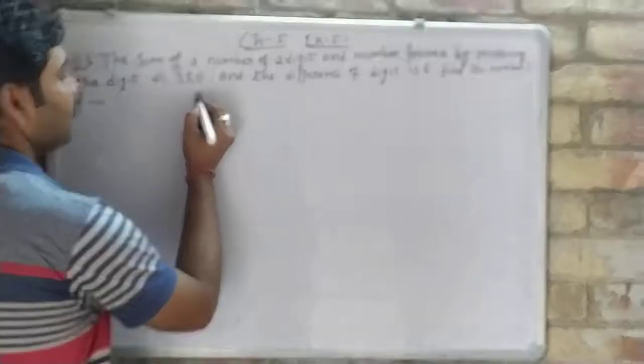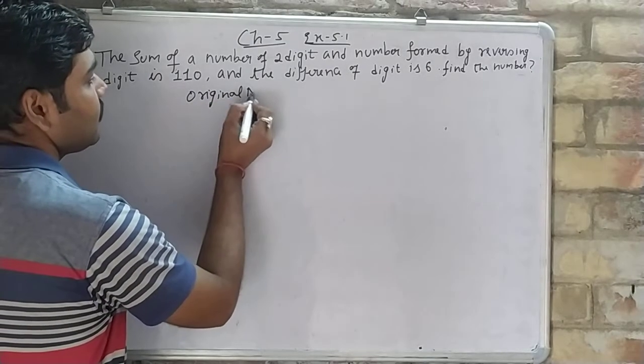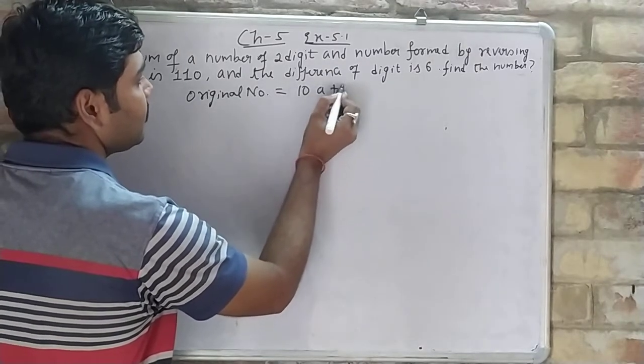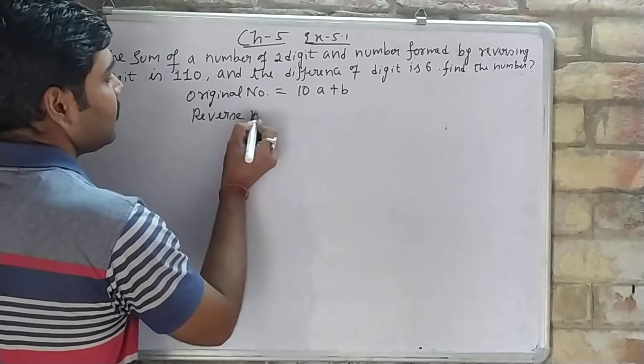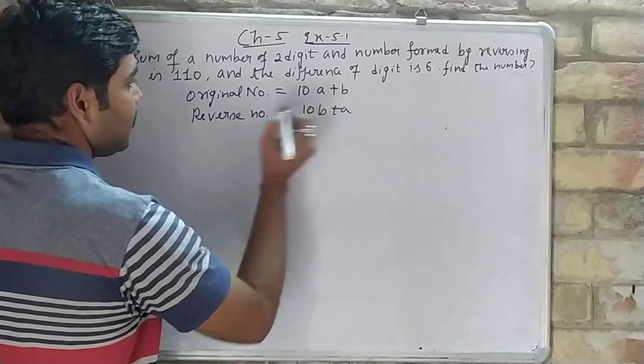So the original number will be 10a plus b, and the reverse number will be 10b plus a.